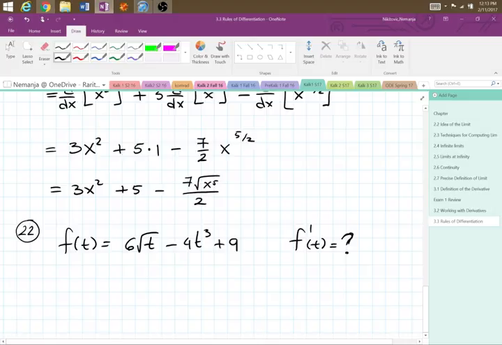All done? So the derivative is what? We have square root, that's going to be 1/2. So half of 6 is 3. T, 1 minus 1/2 is negative 1/2. Minus 4 times 3t squared plus 0.